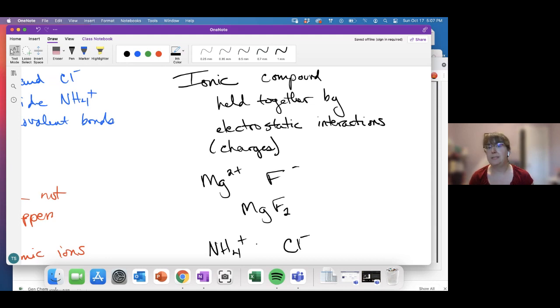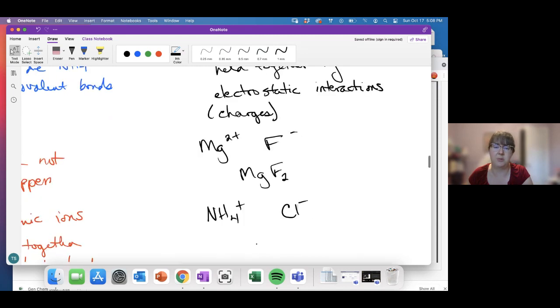It just so happens that you have a few positively charged polyatomic ions that are all made up of nonmetals. So ammonium chloride is an ionic compound. It's got an ammonium ion that's positive, and it's got a chloride ion that's negative.